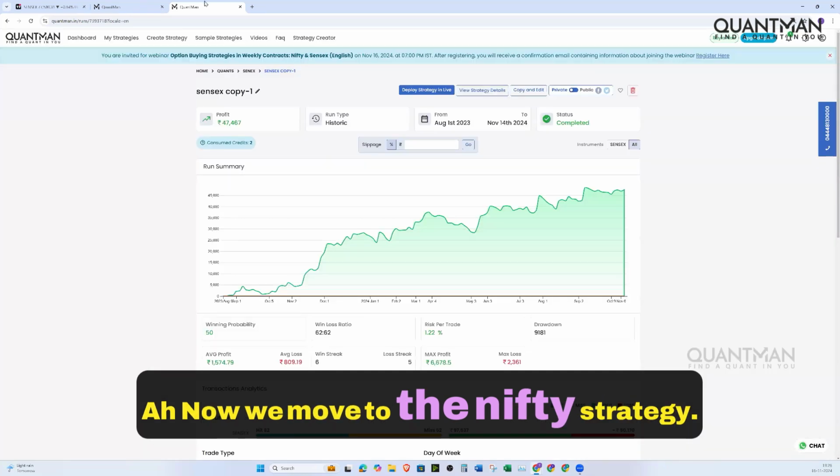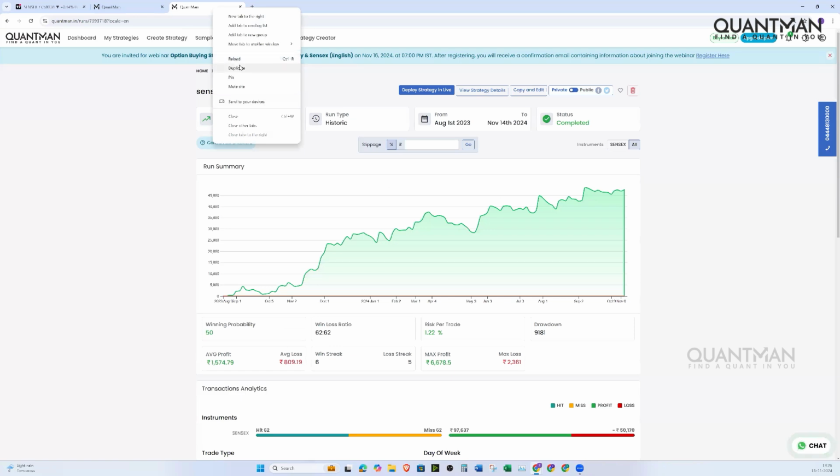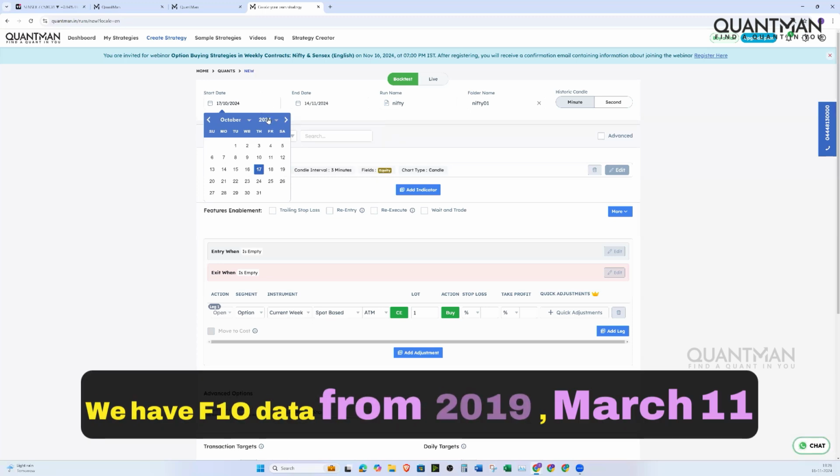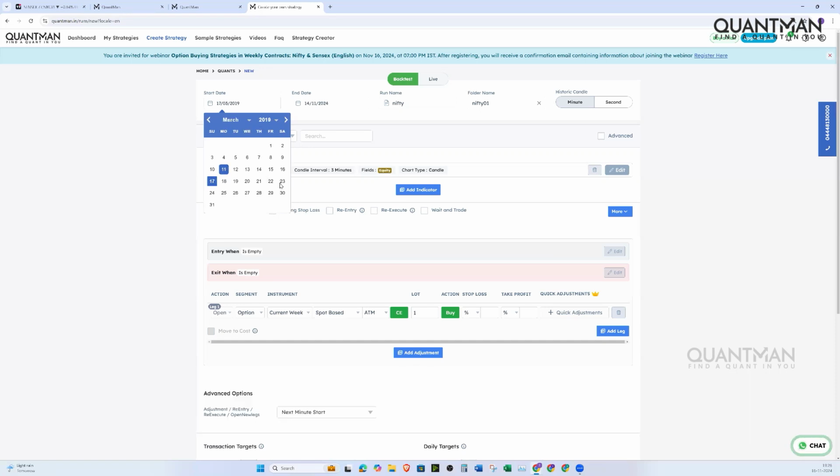Okay, now we move to the Nifty strategy. For Nifty strategy, we have F1 data from 2019, March 11.